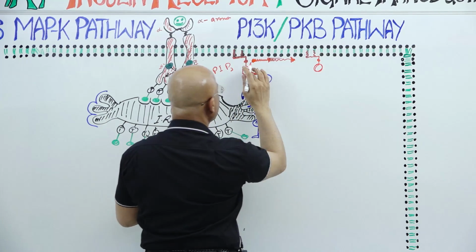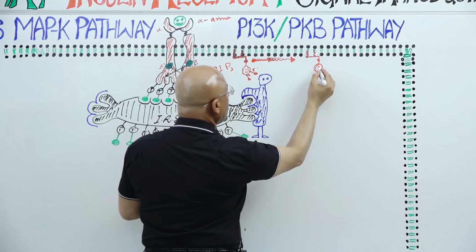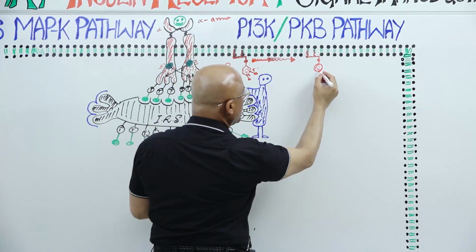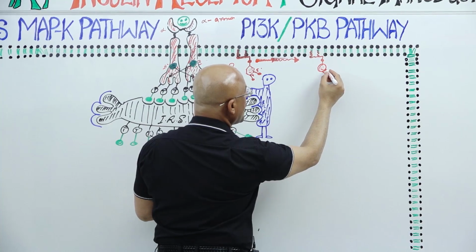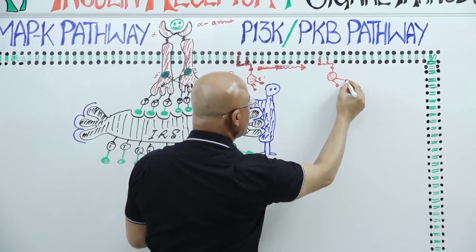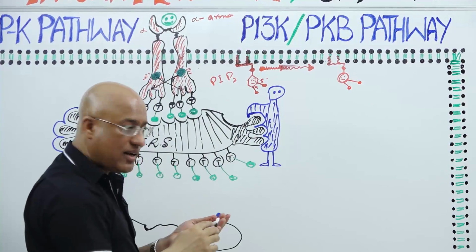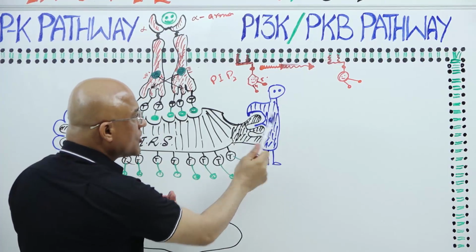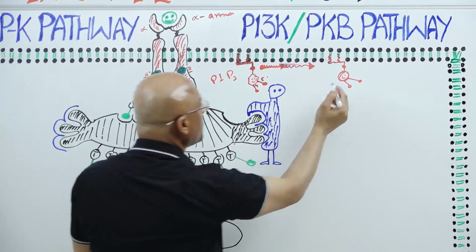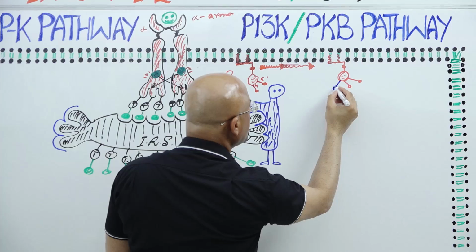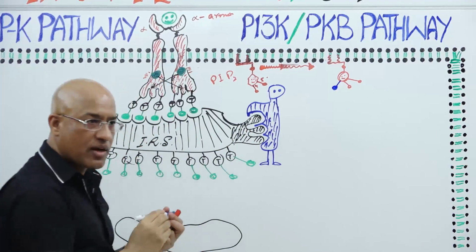This is inositol. Now, this inositol was previously having 4 and 5 phosphates. Is that right? Now, this Tarzan enzyme will add one more phosphate at position number 3.